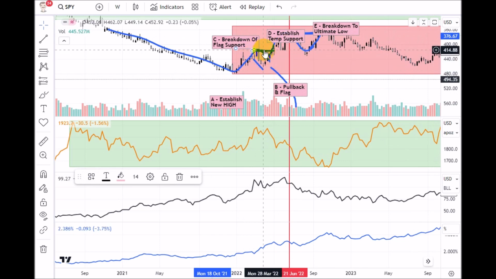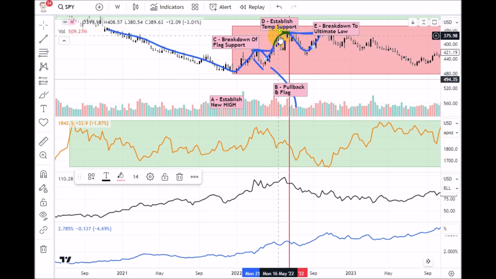Then if it would set up resistance here, break above that, that would then set us up to establishing temporary resistance right here, waffling around this resistance and break out to an ultimate high. Okay, that's what that would do as well.